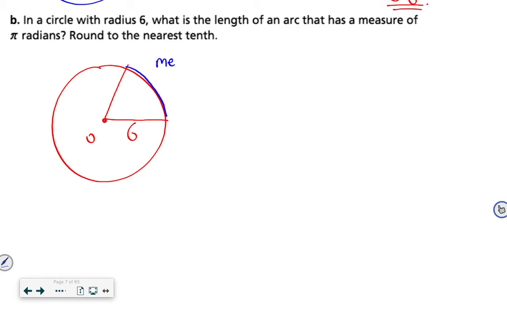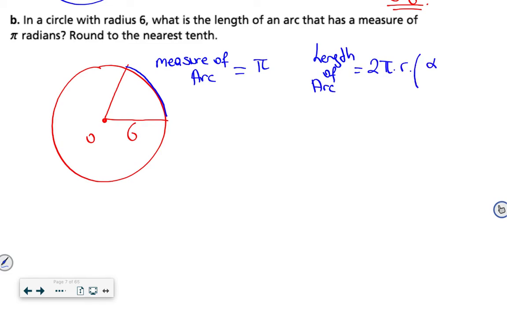The measure of this arc is pi radians. Round to the nearest tenth. What was the length of the arc formula? 2 times pi times r times alpha over 360.